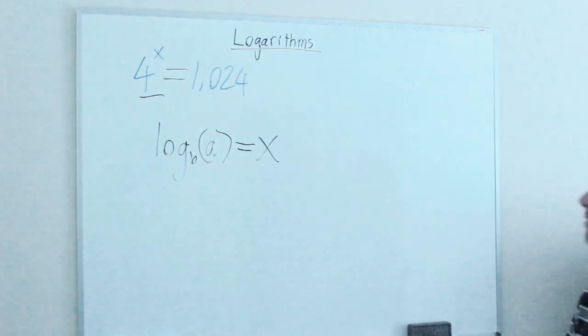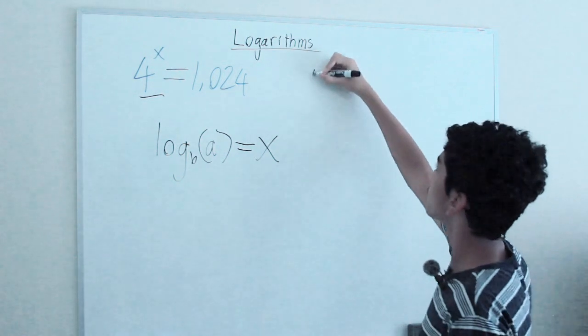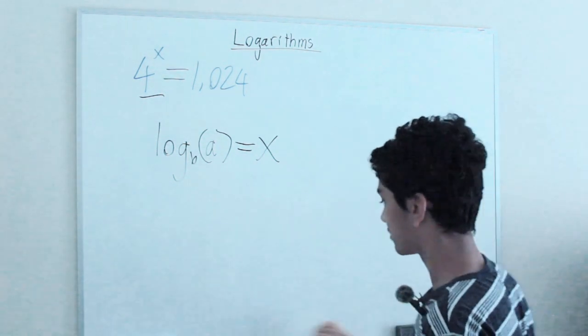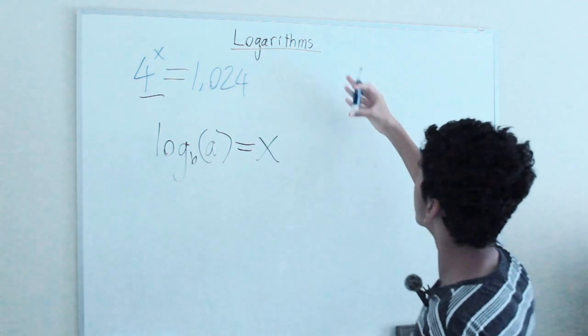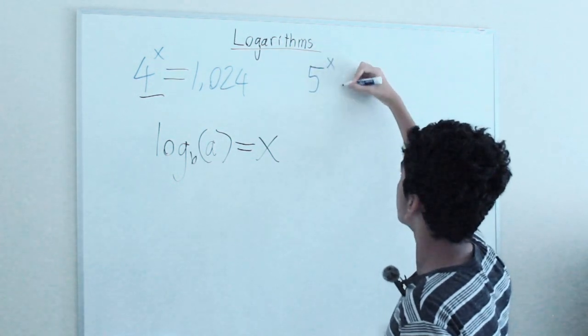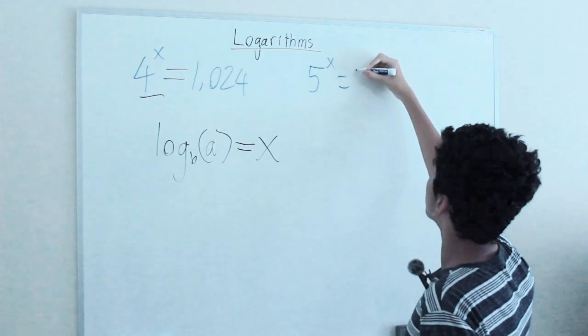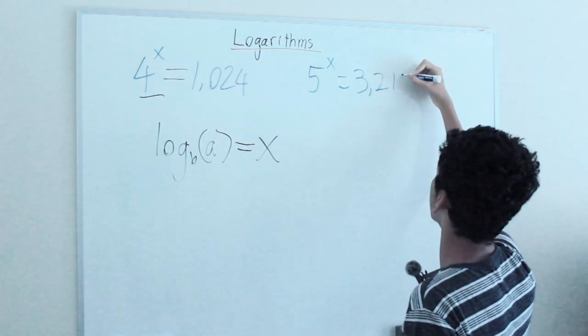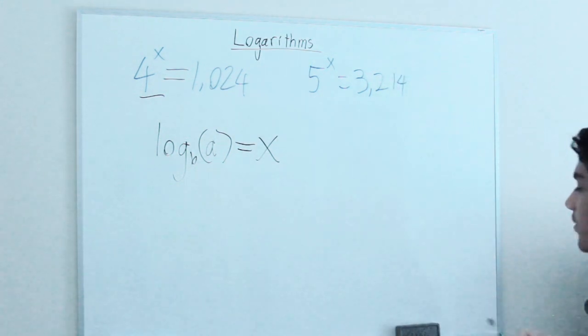Now let's say you have something like this: 5 to the power x equal to 3,214, some random number.